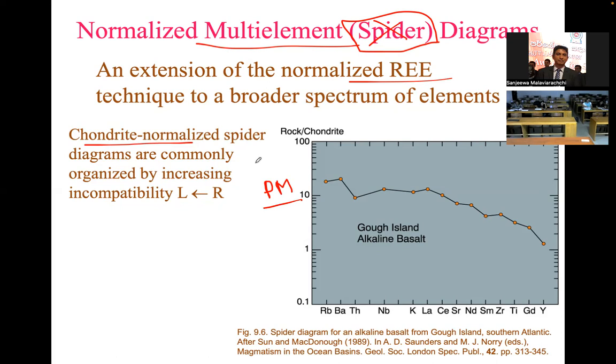So in chondrite, when the earth was differentiated from chondritic composition, some people believe that some of the trace elements were lost, right? Therefore, people don't want to use chondrite normalization for the entire set of trace elements when they are presented in multi-element diagrams. Instead, geochemists prefer to use primitive mantle normalization.